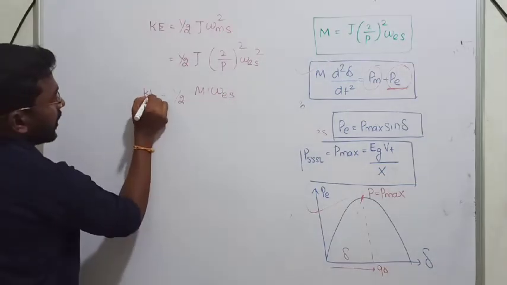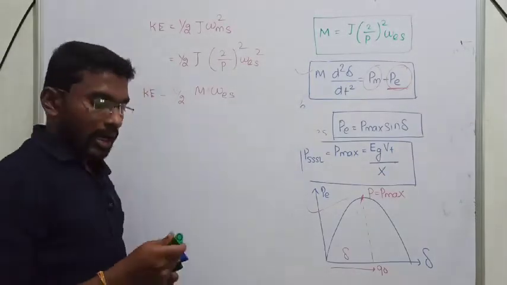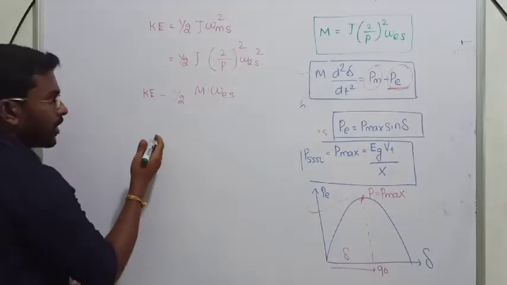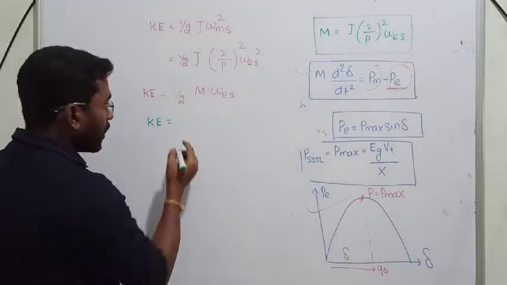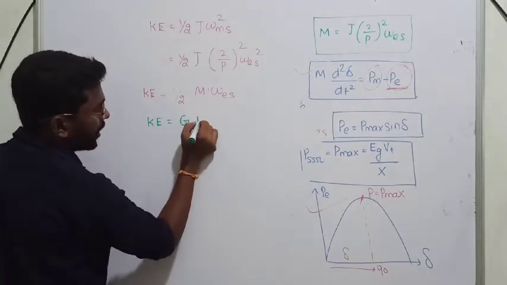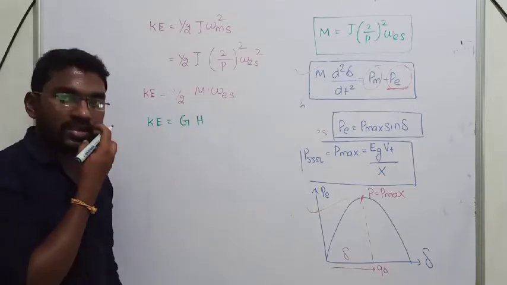Okay, this is the kinetic energy equation. Now this is one type of inertia constant. There is one more inertia constant. The same kinetic energy can be written in an alternative way: the base MVA times another inertia constant H. Guys, listen, these two inertia constants are very important.